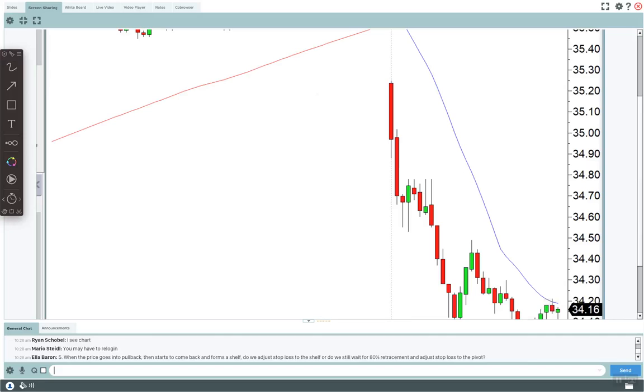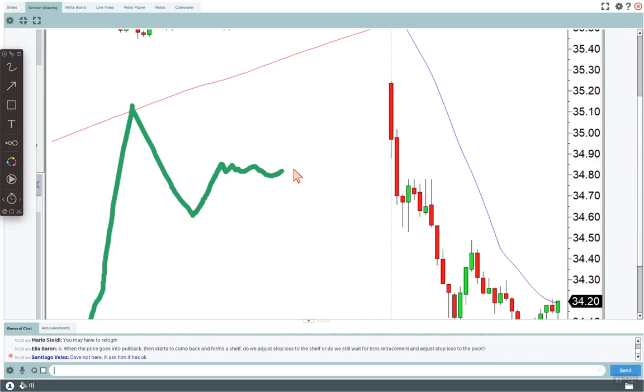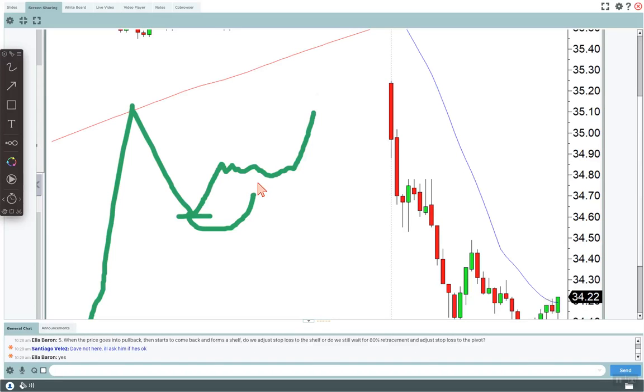When the price goes into pullback, then starts to come back and forms a shelf, do we adjust stop? Like you mean it pulls back like that, starts to go up and then does a shelf like that. If it breaks out of the shelf, you can use the shelf as a stop. Guys, look, stop adjustments are always after a move.